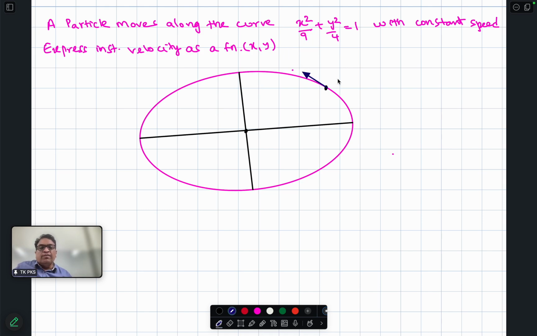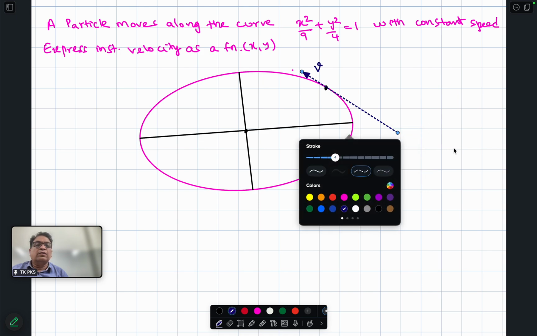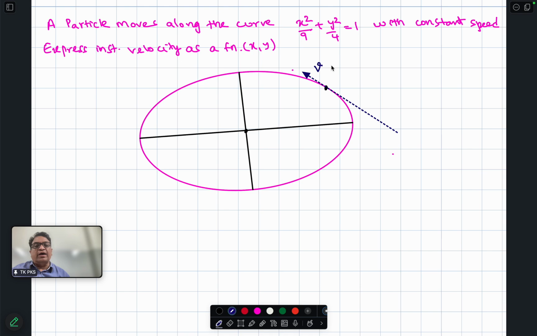That is the instant when the speed is v. Remember, in such situations, extend the line back. I have extended the line back. This is called tangent. Let this make an angle theta.